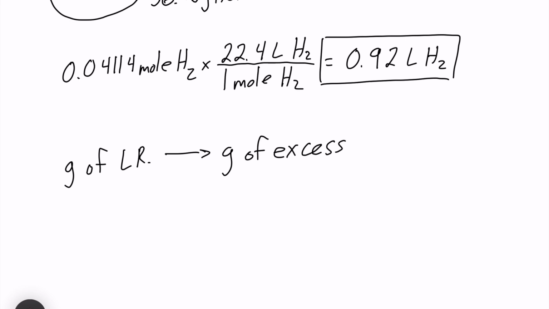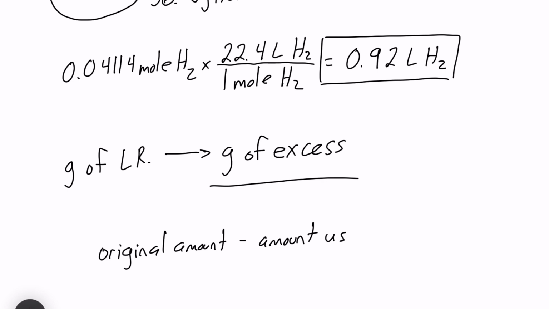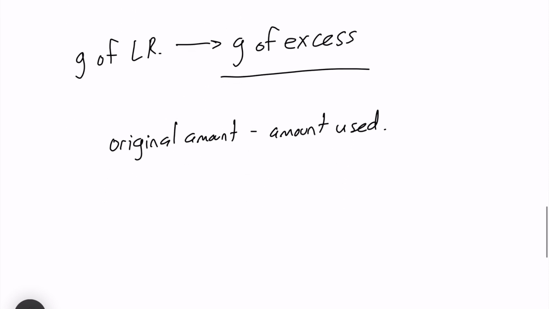Okay, and once we have the grams of excess reagent, what this finds is how much is used, and if we want to find the amount that is left over, we just subtract our original amount, subtract our amount used, and that's going to get us our answer. So stay tuned here. Let's get through this.